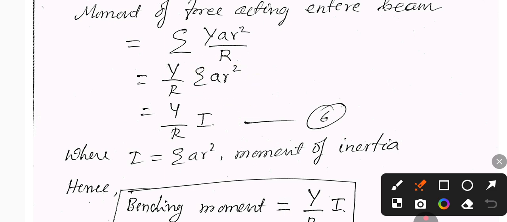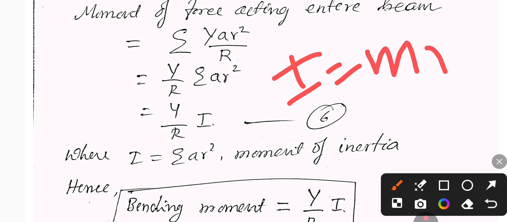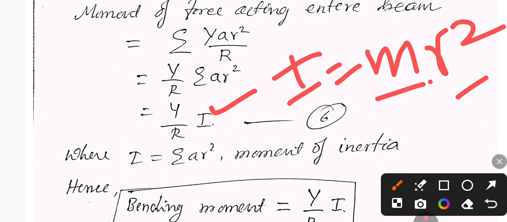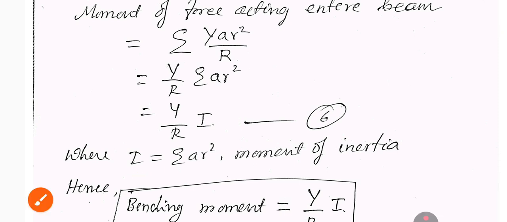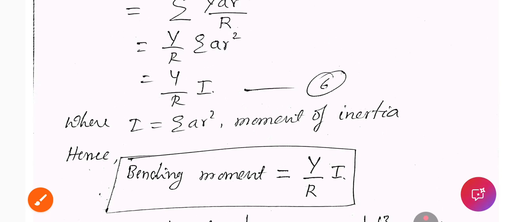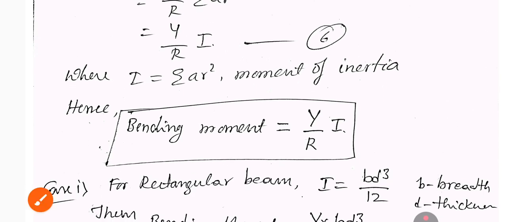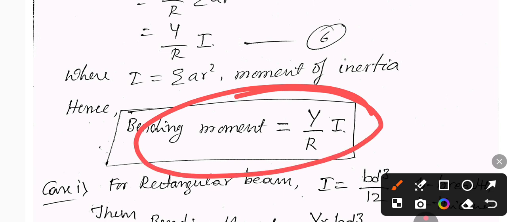So it gives the moment of inertia. As you know, the moment of inertia I is equal to m into r square, the product of mass and the square of the distance from the axis of rotation. So I equals sigma A r square. Putting this value, the bending moment can be calculated as Y by R into I, where Y is the Young's modulus, R is the radius of bend and I is the moment of inertia.